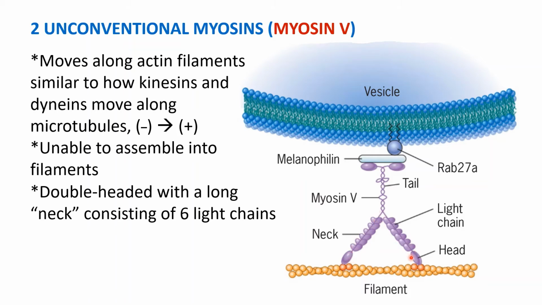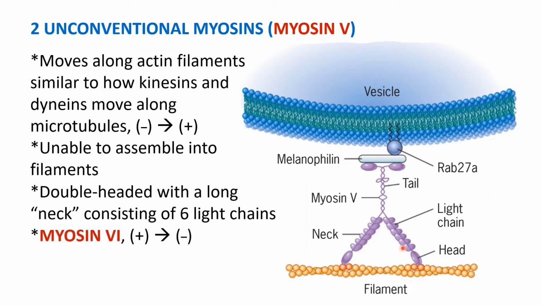So we have the head here, but then the neck is very long. And then at this portion of the tail, they carry the vesicle that they are going to move from a negative to positive end of the actin filament. And because they have long legs, they can also move considerably faster than, say, kinesins.